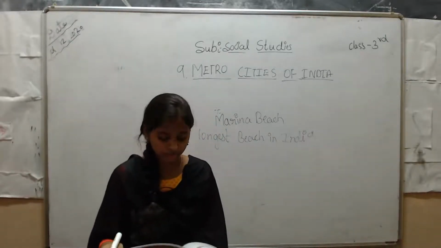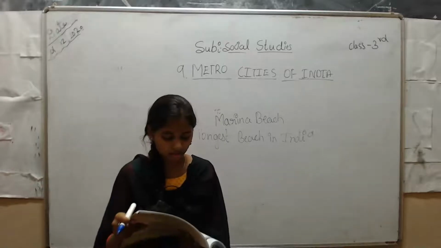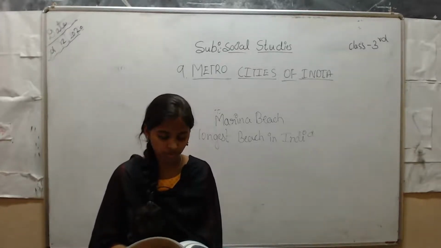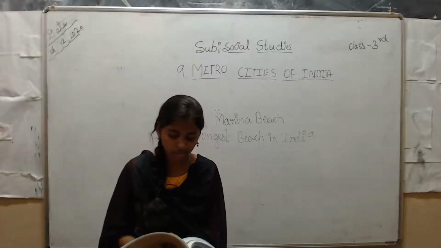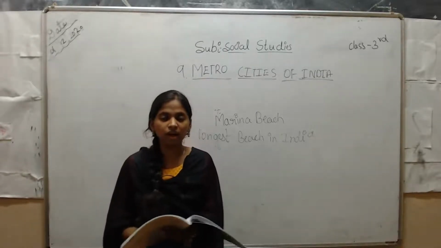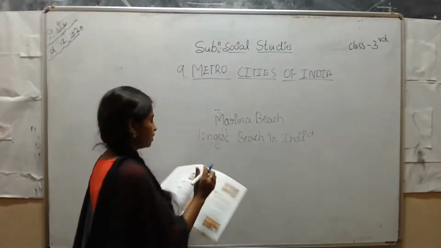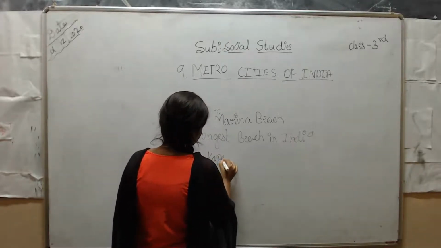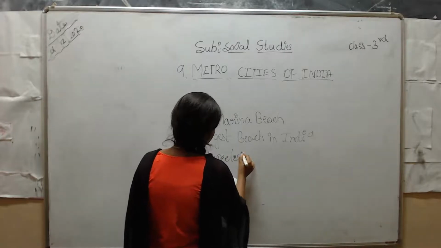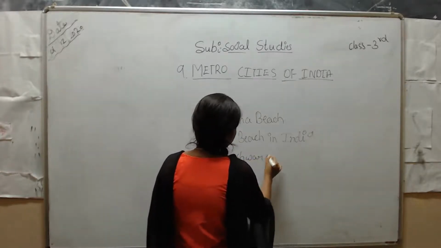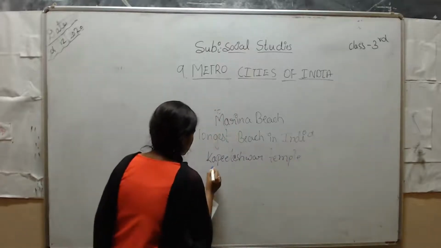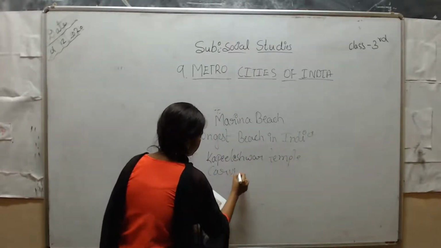So, Kapileshwar temple with a carved gopuram is one of the most famous and oldest temples in the city. There is a temple known as Kapileshwar temple, a famous temple which has a carved gopuram.